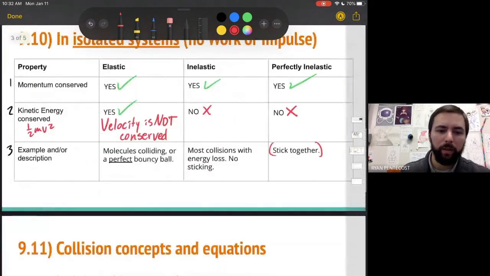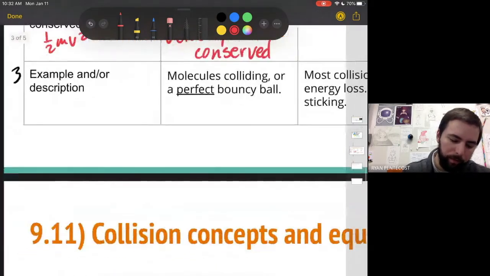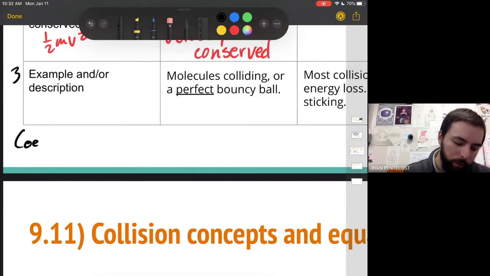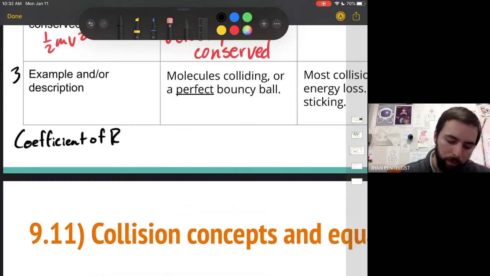So let's talk about the coefficient of restitution. This is a quick side note, not something we actually use in any of our problem solving, but a really cool talking point. Okay, so let me write it out, coefficient of restitution.